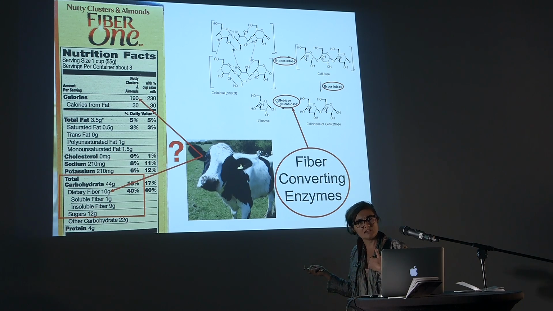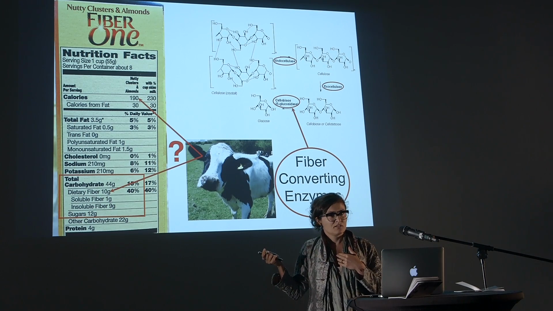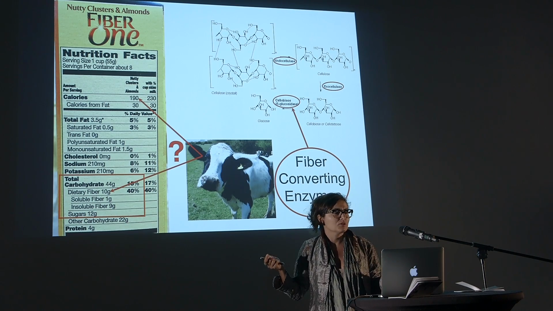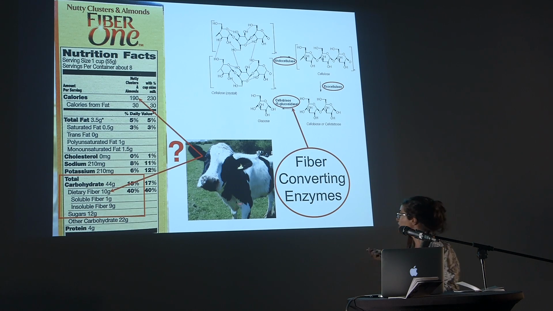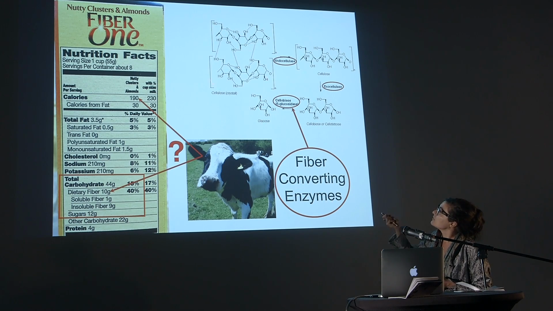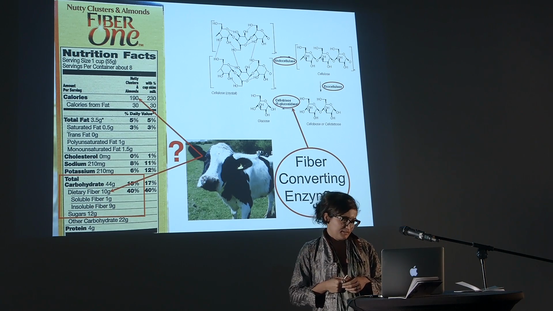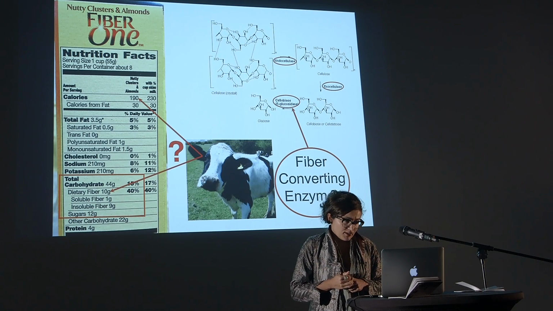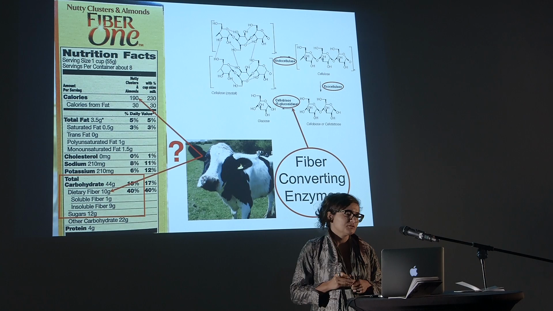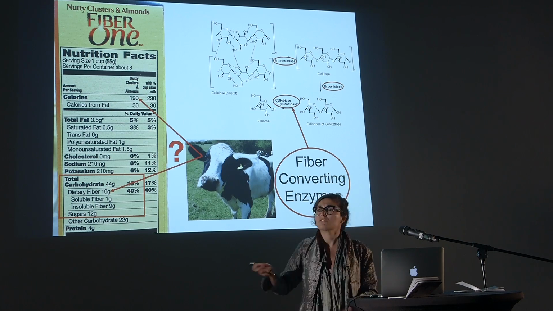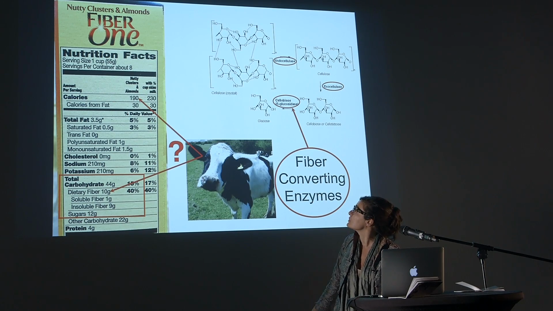Because cows, unlike us, can digest cellulose, and they can because in the gut microbiota they have enzymes that can convert cellulose into glucose, which is the molecule that our brain can eat. So I don't really know what to think about these food labels because they don't disclose all the methods involved in coming up with these numbers.